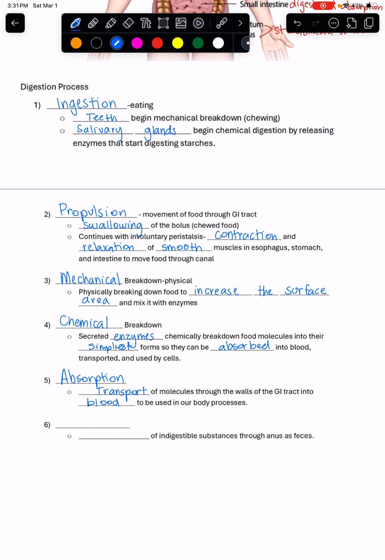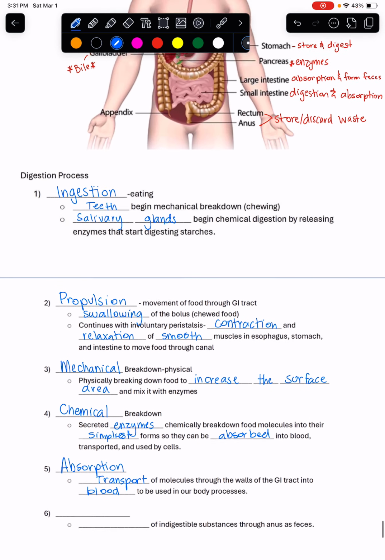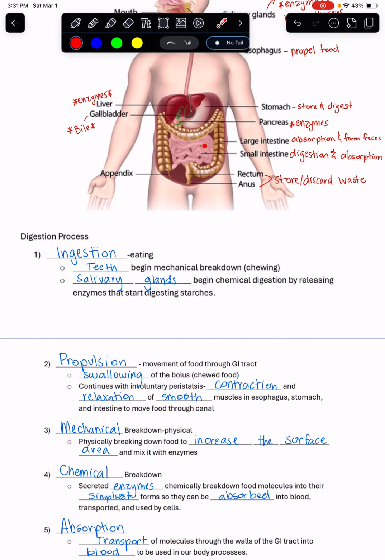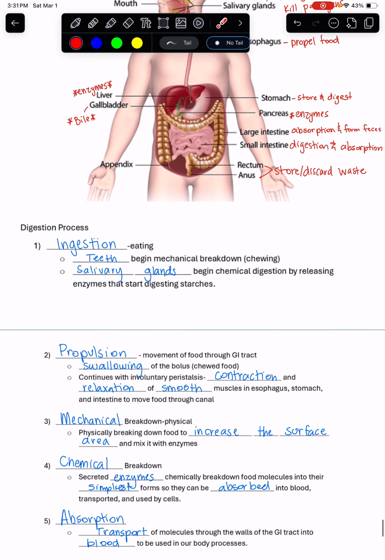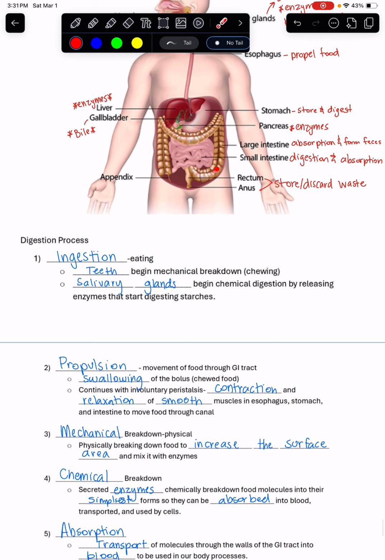Once we break it down into really, really small pieces, they can be absorbed right across the small intestines into the blood vessels surrounding the small intestines, to then be transported around the rest of our body. That's the absorption step. You'll notice that it mainly happens in our small intestines. It also happens in our large intestines, but mainly things like water are absorbed there. Lots of it happens in the small intestines, but the large intestines can also play a role.